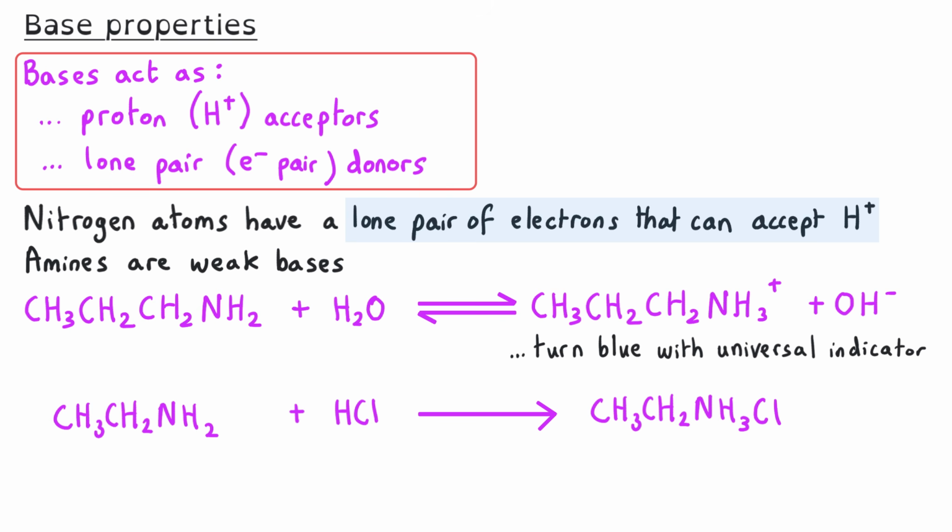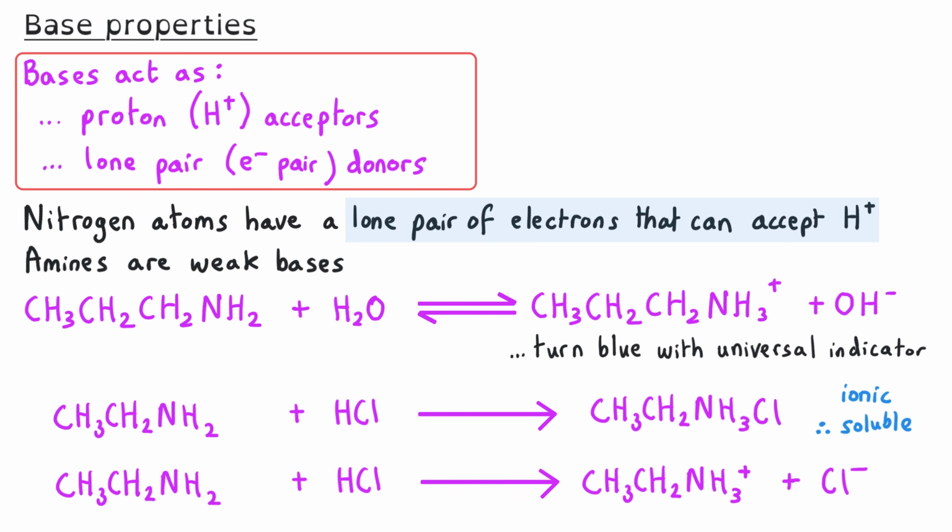With a stronger acid, for example hydrochloric acid, this reaction would go to completion and the amine would be fully protonated. For example, if we took ethylamine and reacted it with hydrochloric acid, we would produce ethyl ammonium chloride, an ionic salt that would be soluble in water because we've got the negative chloride ion and the positive ethyl ammonium ion.